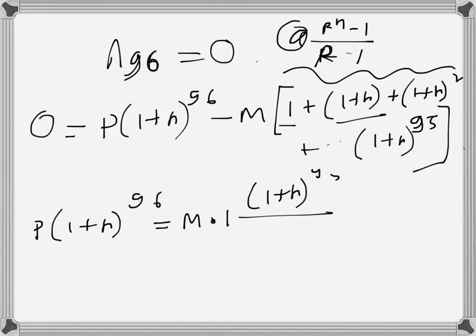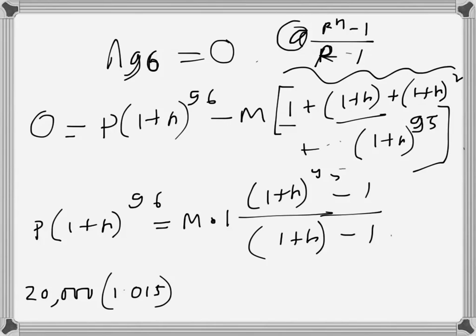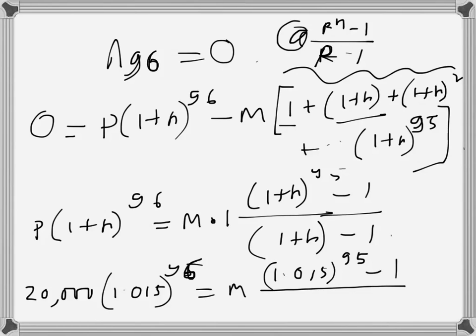If I plug in the values now, this is 20,000 times 1.015^96 on the left hand side, and M times (1.015^96 minus 1) over (1.015 minus 1), which is 0.015.